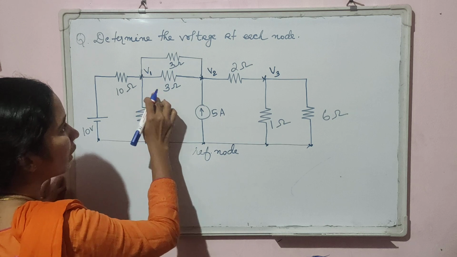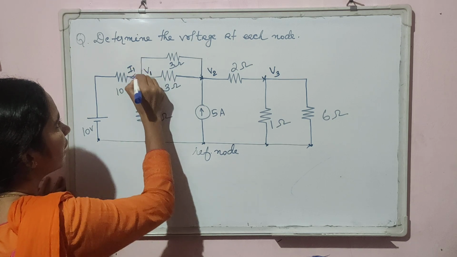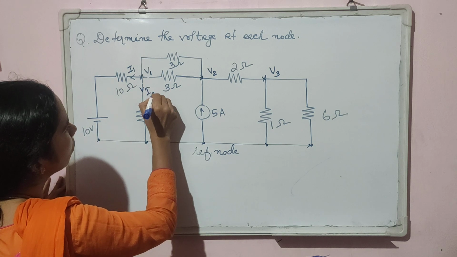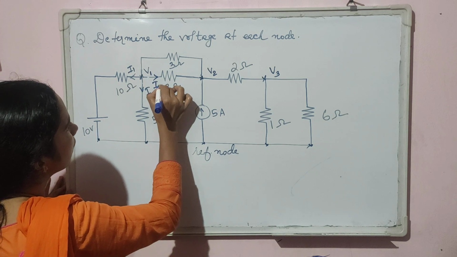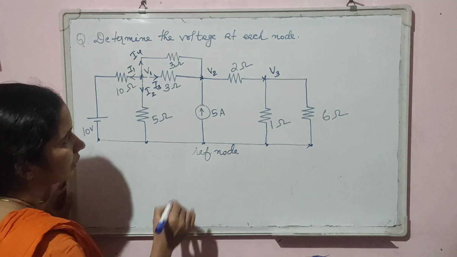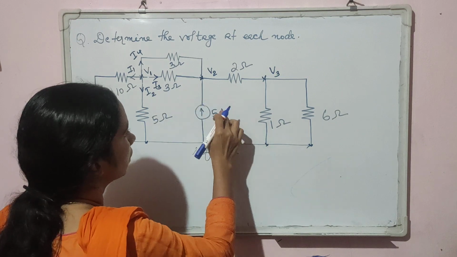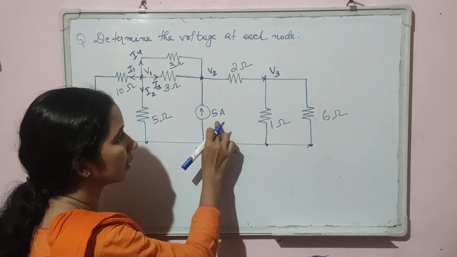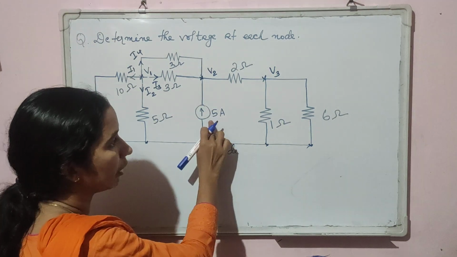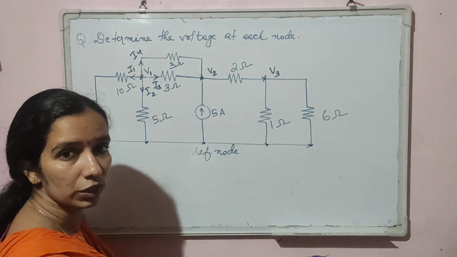So consider node 1. There are 4 branches, so let this current be I1, this is I2, this is I3, and this is I4. Now for node 2 there are again 4 branches. For this particular branch the current is given, both the value and the direction, as it is a current source.